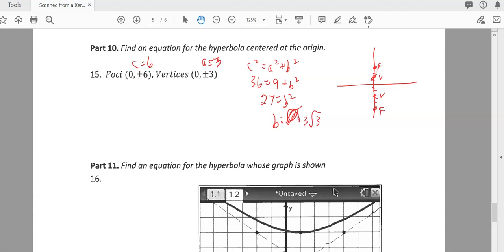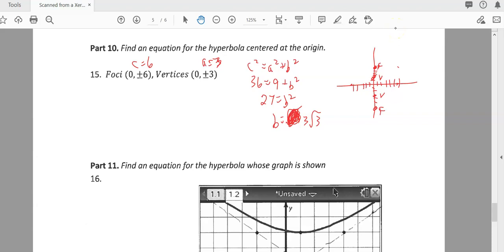No, it's just b is just that, not plus or minus, which is about 5 point something. So we go 1, 2, 3, 4, 5, and a little bit there. 1, 2, 3, 4, 5, a little bit.